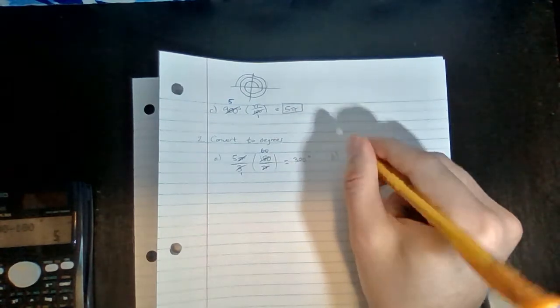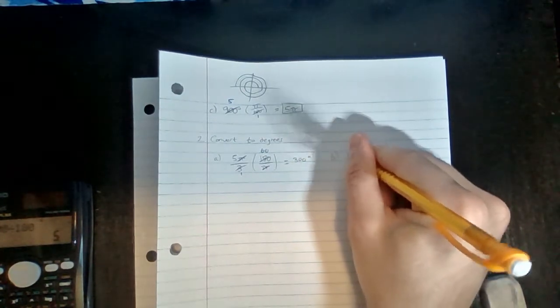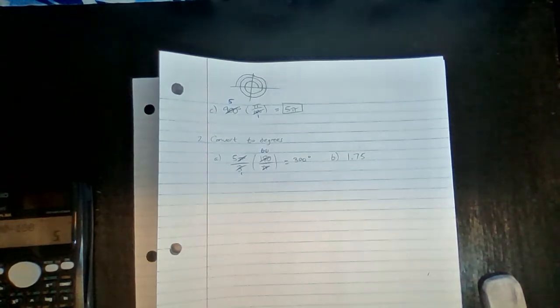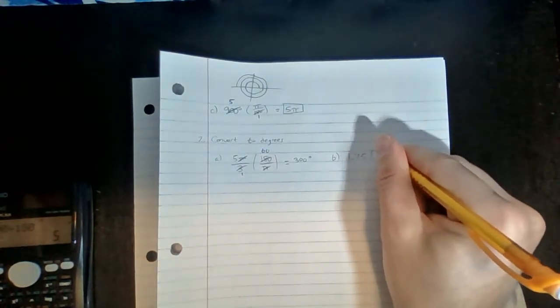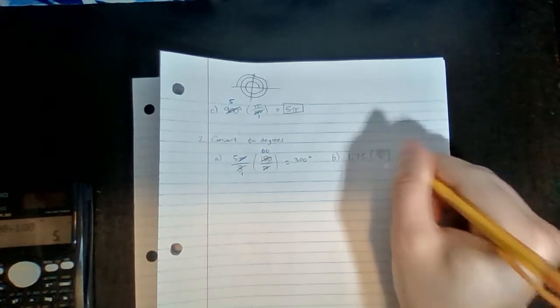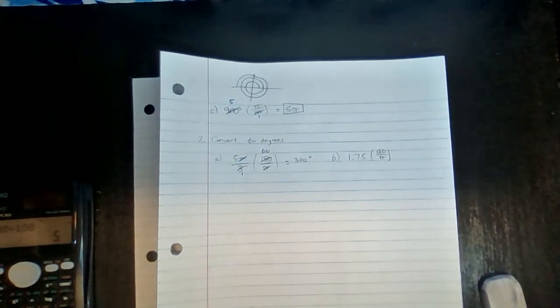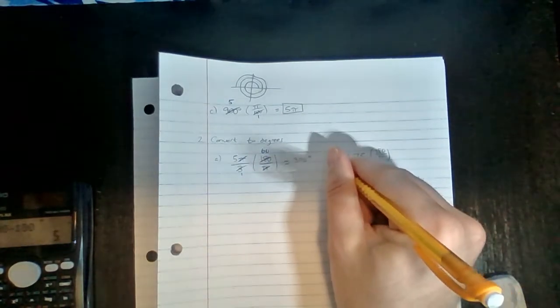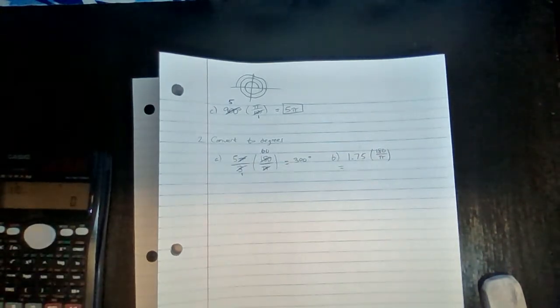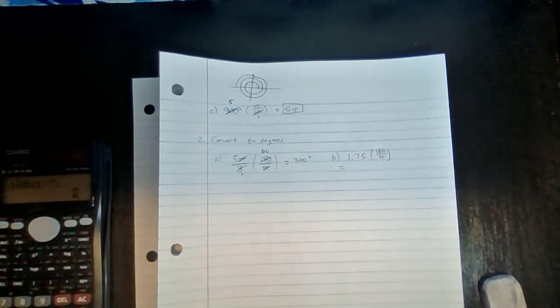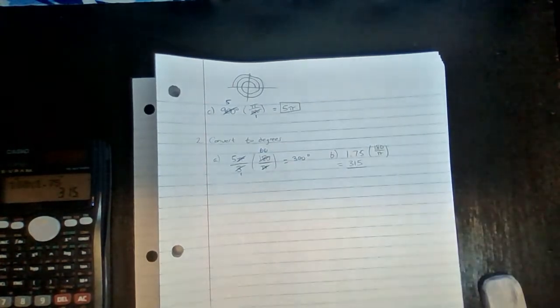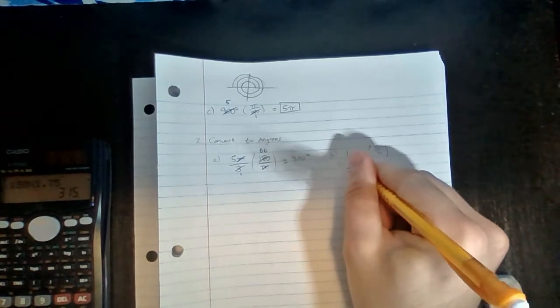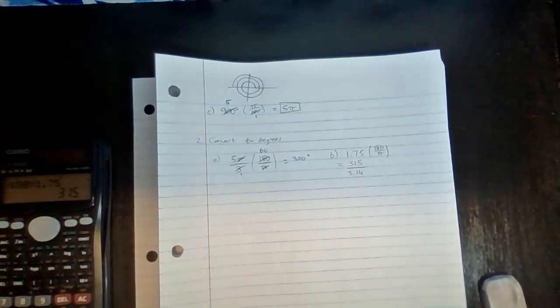What about 1.75 radians? So again, we're multiplying by 180 divided by pi. So 180 times 1.75 is 315 divided by pi, or divided by approximately 3.14.